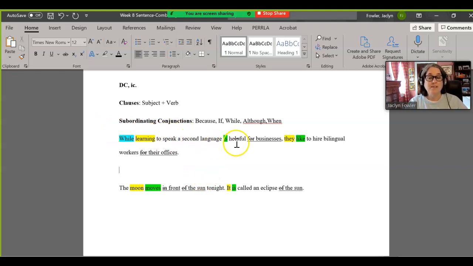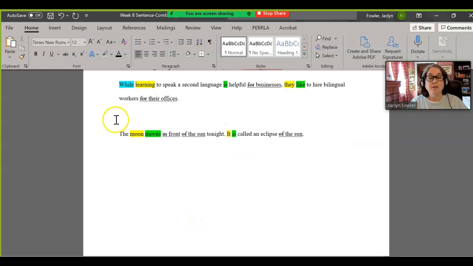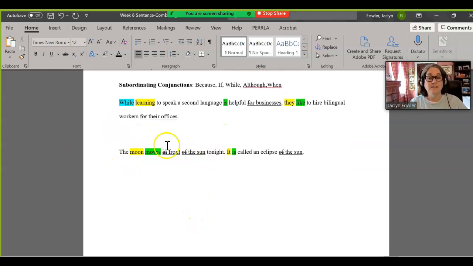While learning to speak a second language is helpful for businesses, they like to hire bilingual workers for their offices. Terrific, right? So when it's an introductory dependent clause, there's a comma after the dependent clause before the independent clause. Okay?